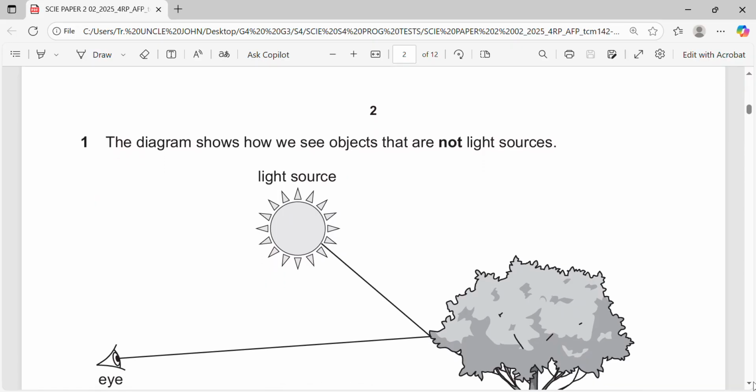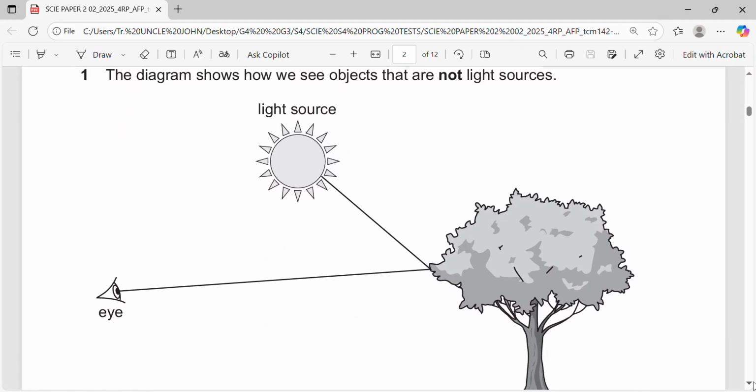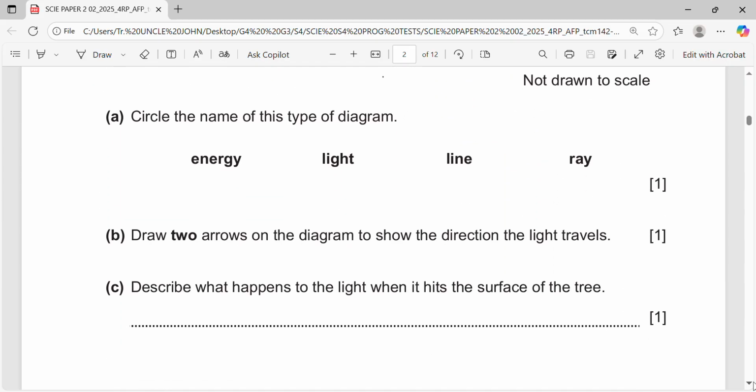Here is question 1. The diagram shows how we see objects that are not light sources. You can see the way it is. Then the question says, circle the name of this type of diagram.